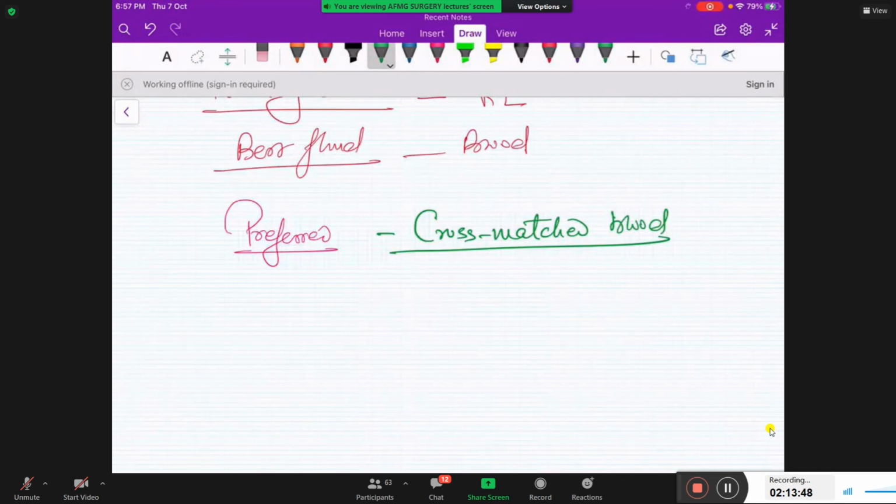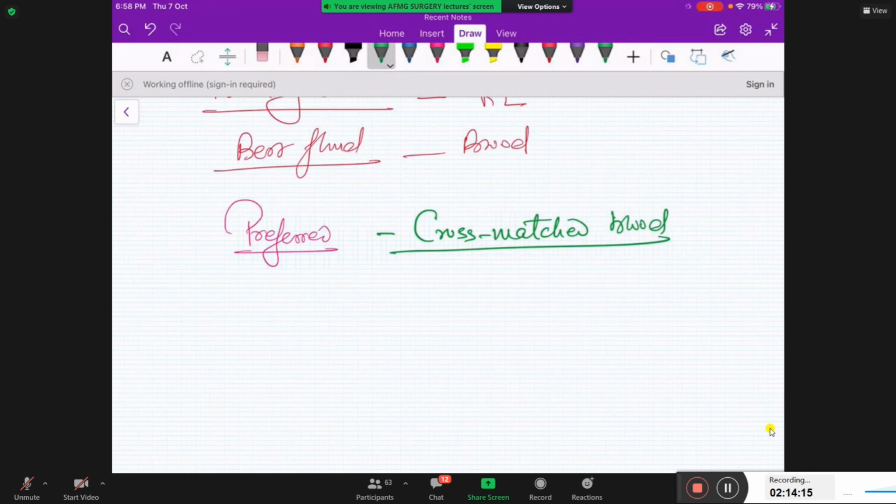What is cross-matched blood? Very good. So you know what is cross-matched? Okay. So always cross-matched blood. Cross-matched blood क्या होता है?